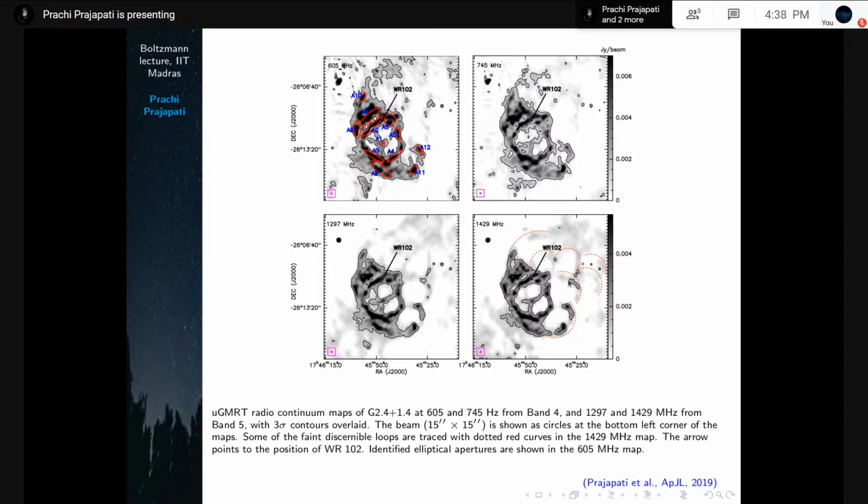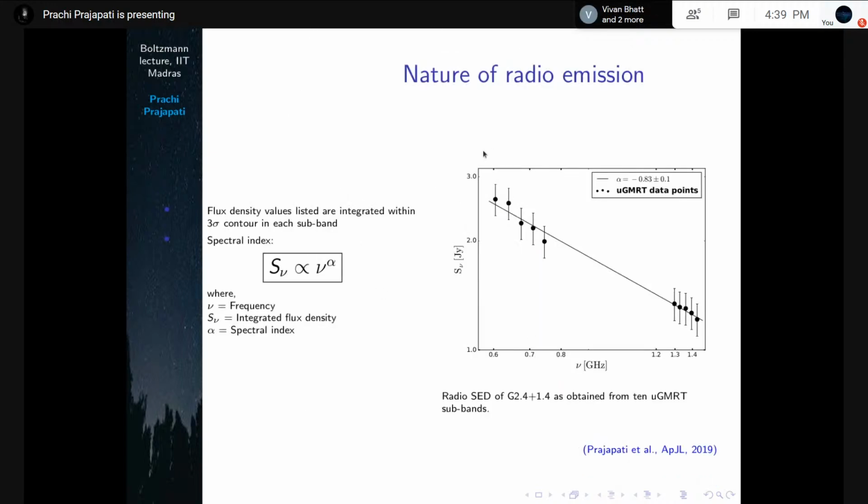We can see that the morphology of the bubble is as we have seen in the optical and infrared images as well. It has these interesting filamentary structures, and based on these maps, we can get the flux values for this bubble and plot them with respect to the observed frequency.